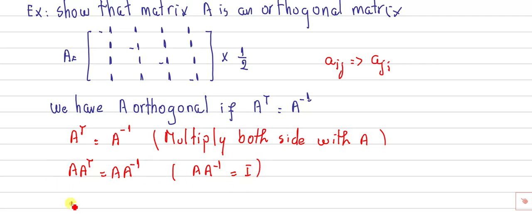So I just write A and A transpose is equal to I, where I is the identity matrix.